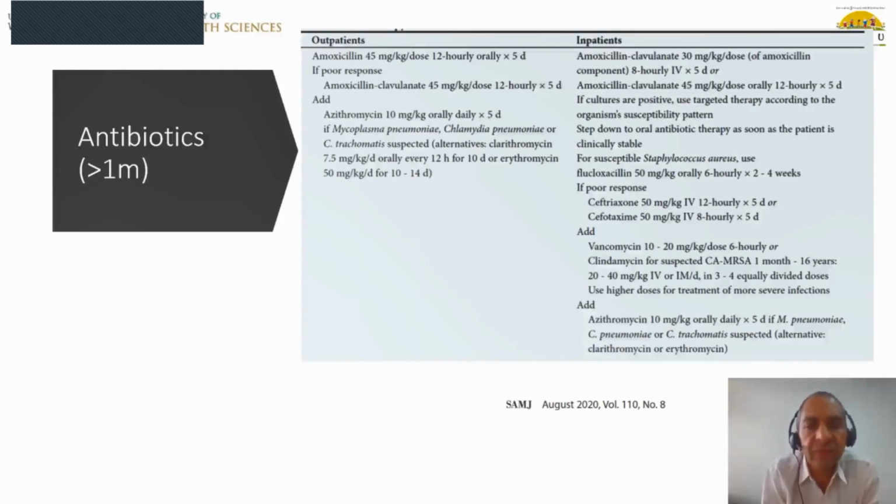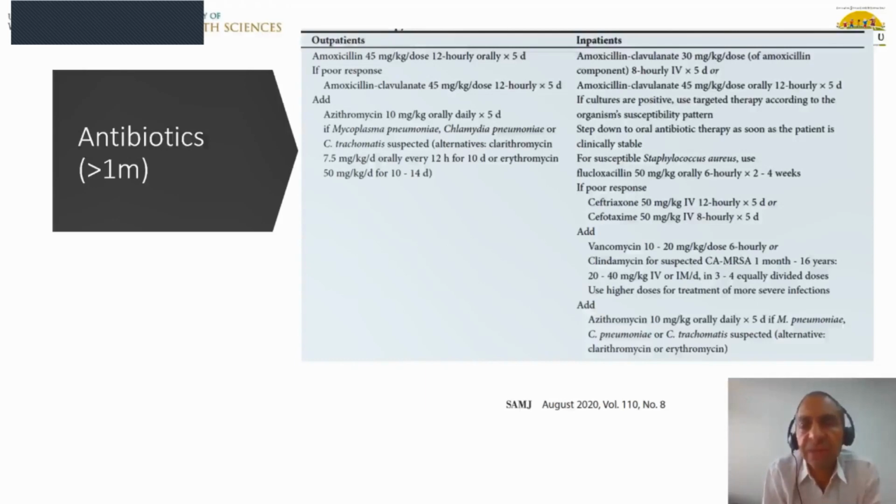If there is a poor response, then co-amoxiclav or amoxicillin clavulanate becomes reasonable. Again, high dose, 45 milligrams per kilogram per dose, but it can be dosed 12-hourly. Considering inpatients now, initial therapy will be with amoxicillin clavulanate, the idea being that we want to cover the common pathogens in addition to the ones that we're increasingly becoming aware of, particularly here Staph aureus and some beta-lactamase producing Haemophilus isolates.